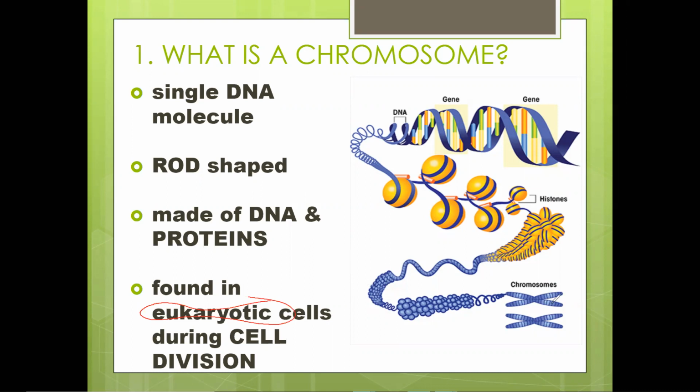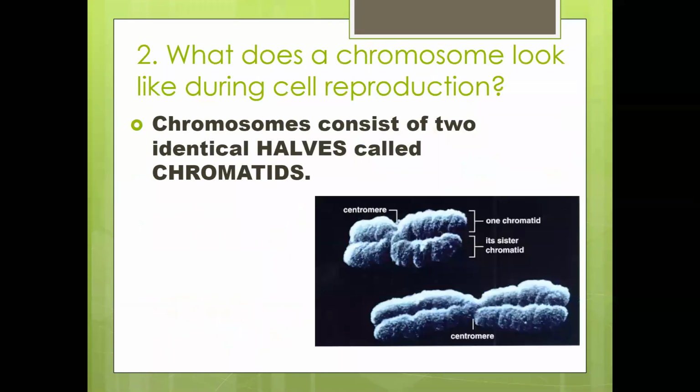So chromosomes, those big clumps of DNA and proteins, are found in eukaryotic cells, and they only are found during cell division, when a cell divides. Okay, so what does a chromosome look like during cell reproduction? Well, there are going to be two halves to chromosomes, right?